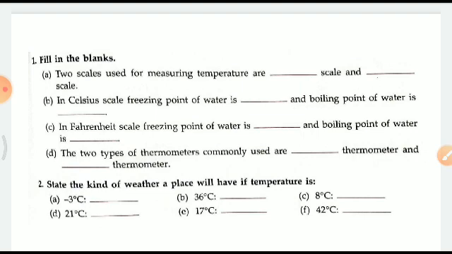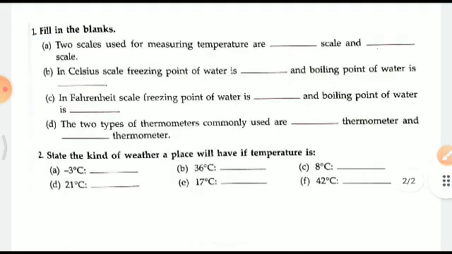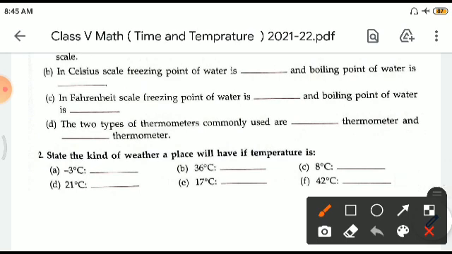Now you have to change that into Fahrenheit. There is a formula in your book. You just use that and change it into Fahrenheit to do the C part. So the B part answer has to be 0 degree here, and 100 degrees Celsius.